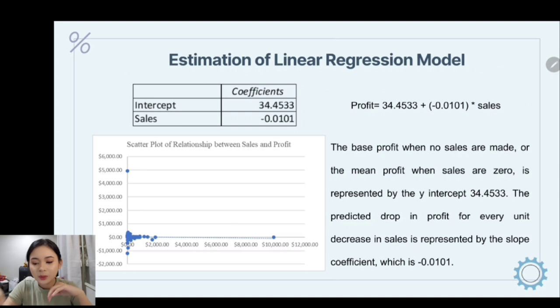So the base profit when no sales are made, or the mean profit when sales are 0, is represented by the y-intercept, 34.4533. The predicted drop in profit for every unit decrease in sales is represented by the slope coefficient, which is negative 0.0101.